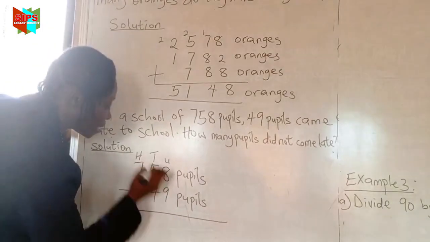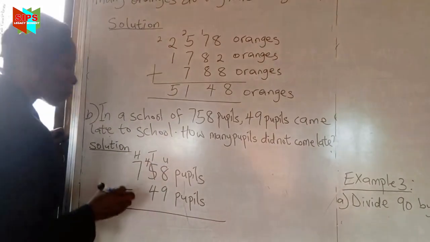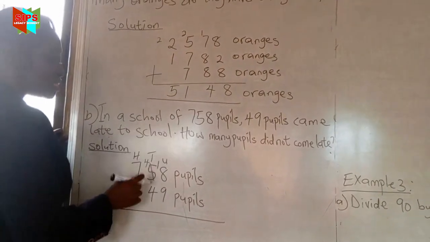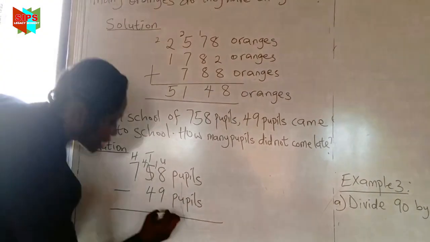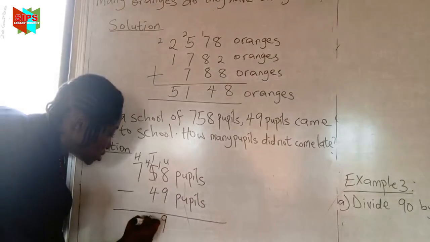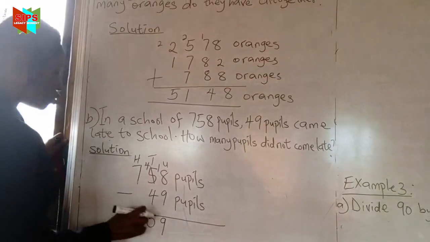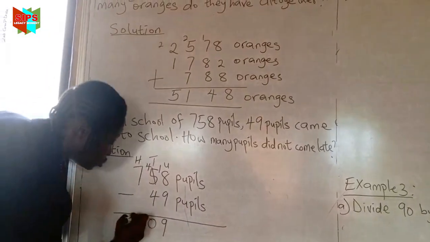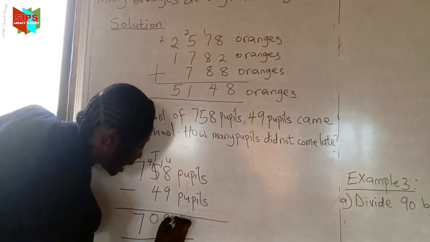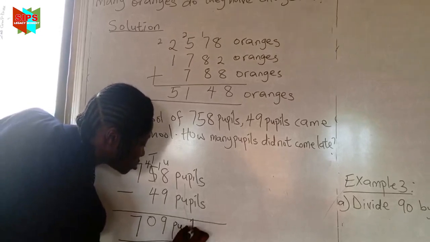So we want to remove 1 from here, it turns to 4. Then that one that we are removing is actually 10. When we put it here, it becomes 18. 18 minus 9 will give us 9. Then 4 subtracted from 4 will give us 0. Sorry. Then you have your 7, you bring it down. So with this, you have your 709 pupils.